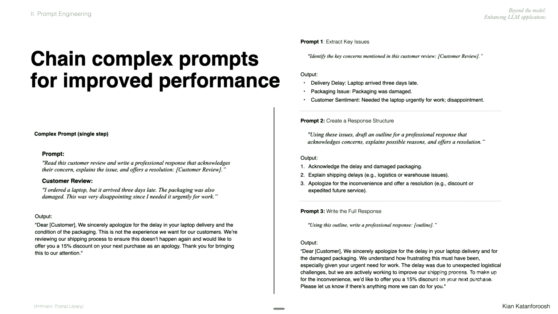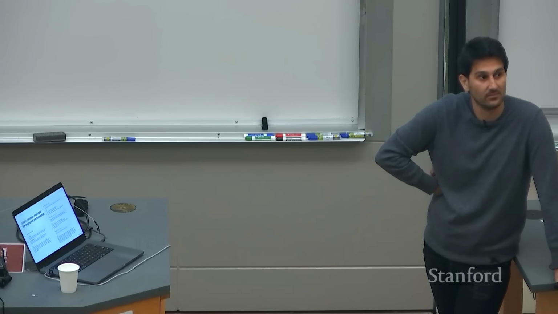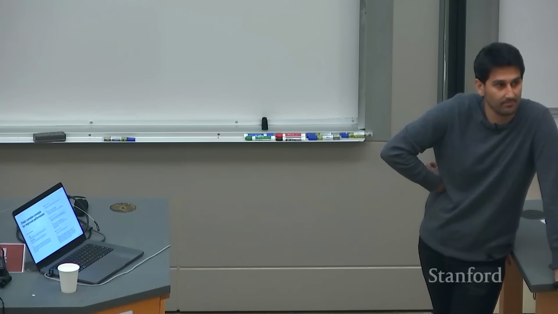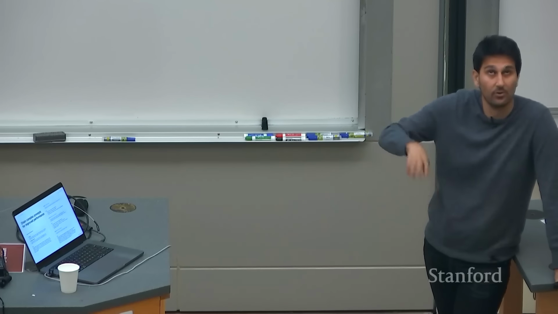Yes? So if we know that the 3 prompts independently work very well, if we combine them into one prompt and we highlight that step-by-step thinking process, on average do we get the same quality output, or do we still have to do that breakdown? So let me try to rephrase.